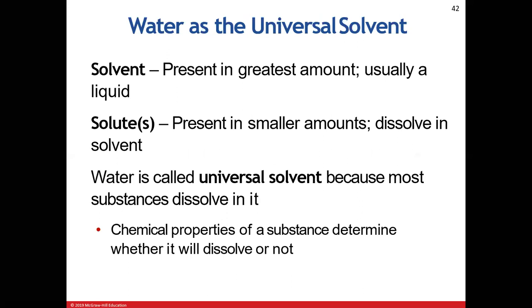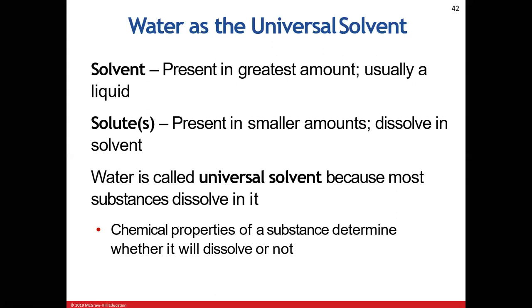The solute is what we find present in smaller amounts, and this typically dissolves within the solvent. Now, we look at water as the universal solvent because of the number of substances that we can dissolve in it. And again, some of this comes down to hydrogen bonding.